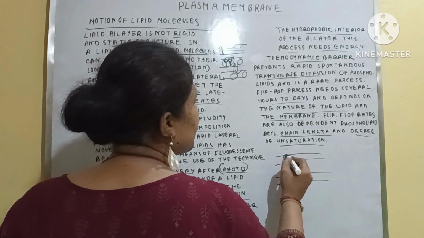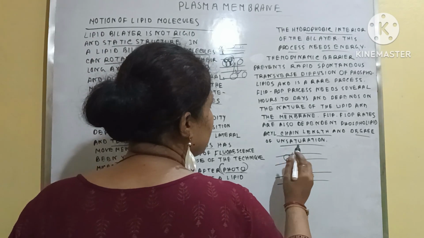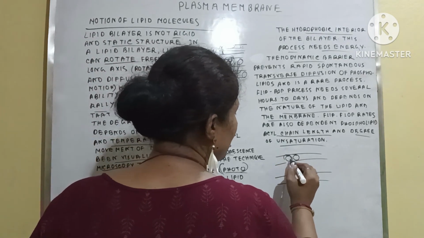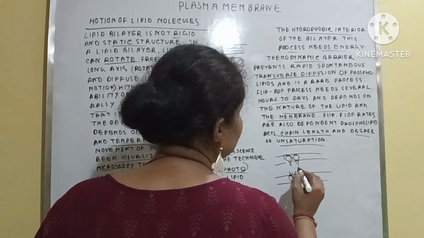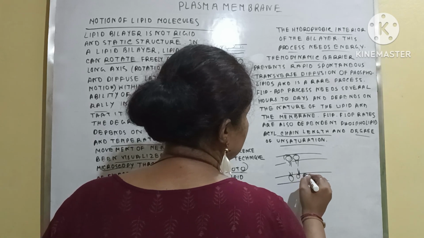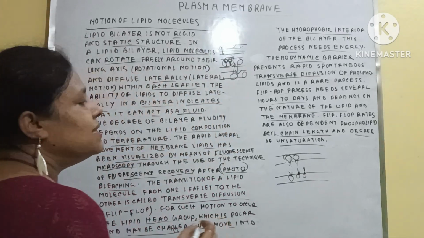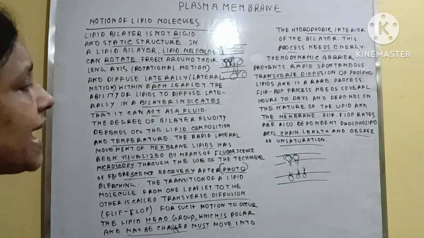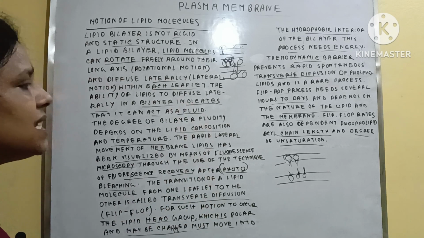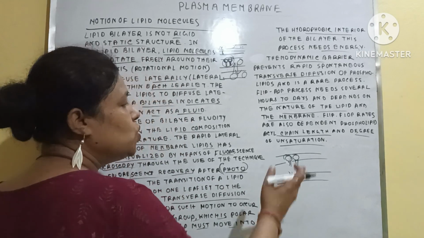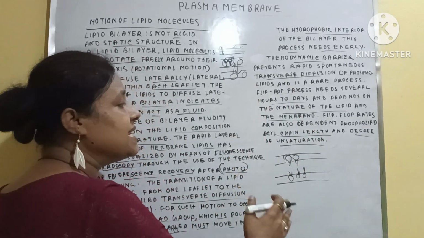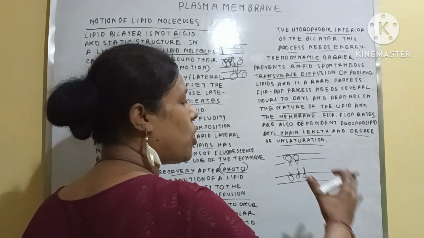If one monolayer contains a low amount of lipid and the other contains a high amount, then transverse diffusion is seen. It happens so that the two monolayers of the plasma membrane contain the same lipid composition.